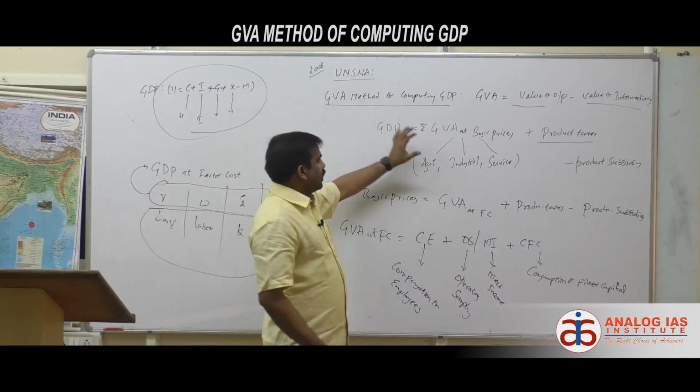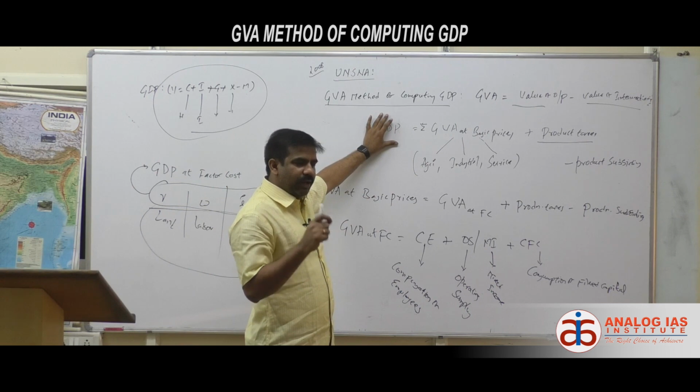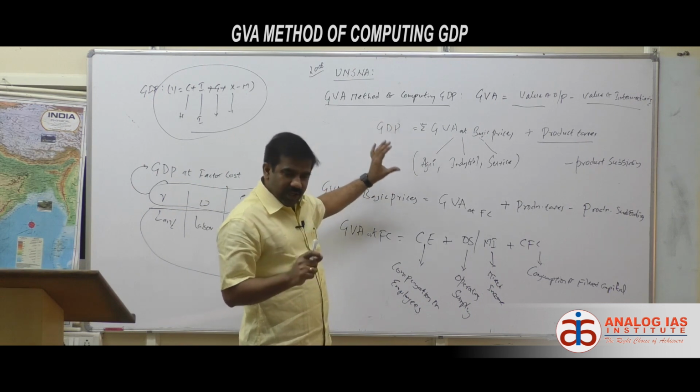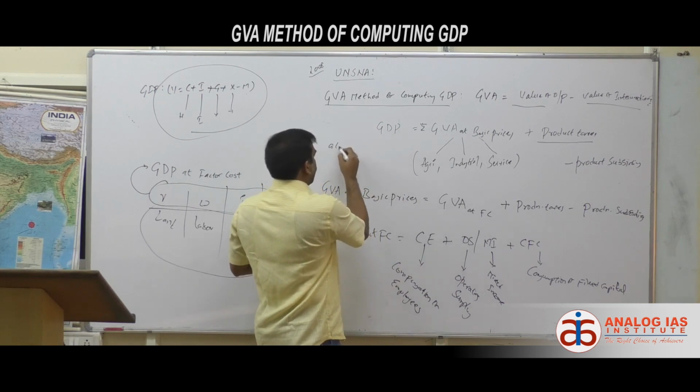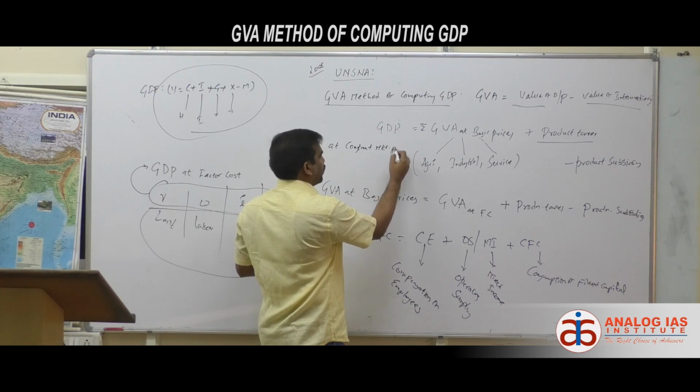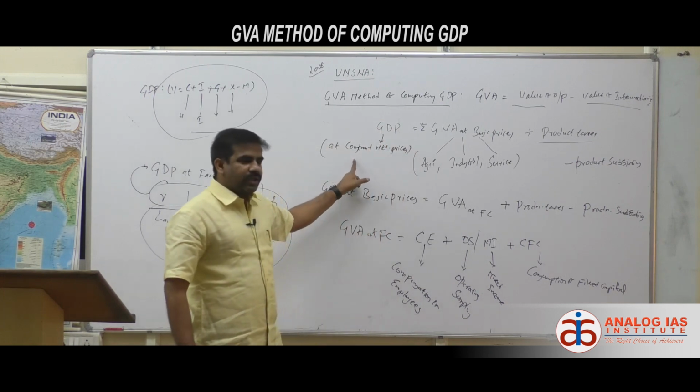Keep it in mind, friends, GDP is calculated as of now, after the change in computing GDP in India in 2015, at constant market prices. As of now, GDP in India is calculated at constant market prices.